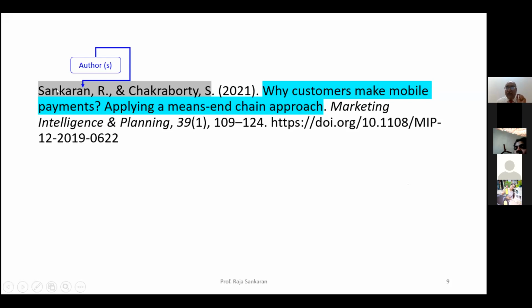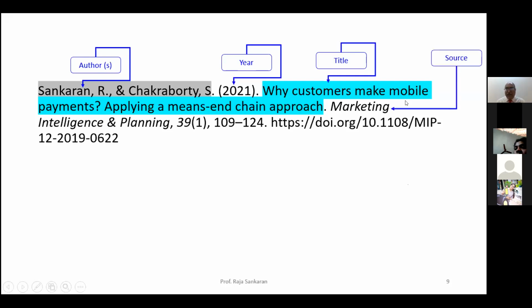Now note this, the author is always last name followed by a comma followed by the initials of the first name of the first author, followed by an ampersand, and the second author in the same way, last name, comma, initials of the first name, and then the year of publication comes in brackets, again a full stop, then the title of the research paper followed by the source or the journal in which it is published, followed by the volume and the issue number and the page number.